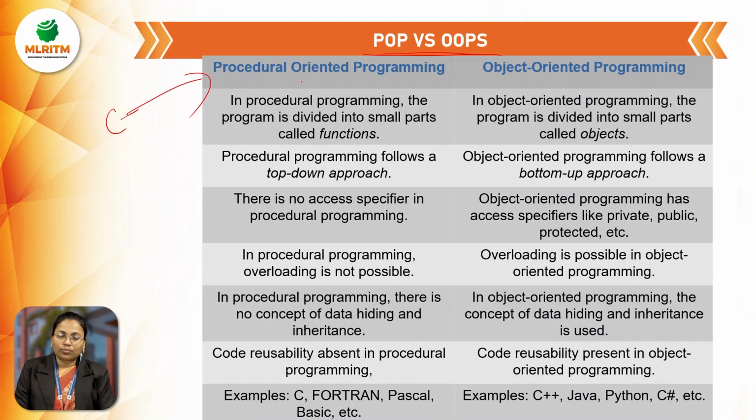In a procedure-oriented programming language, the program is divided into small parts called functions. Whereas in object-oriented programming, the program is divided into small parts called objects. Next, procedure-oriented programming language follows a top-down approach, so the program execution will start from top to bottom.